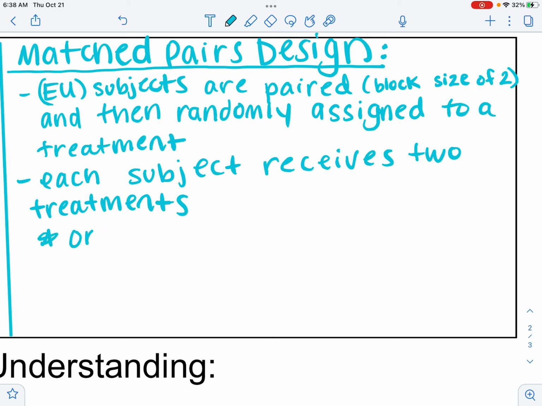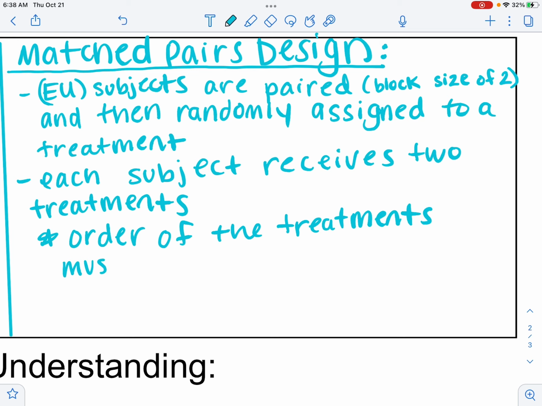And we'd say that order of the treatments must be randomized.